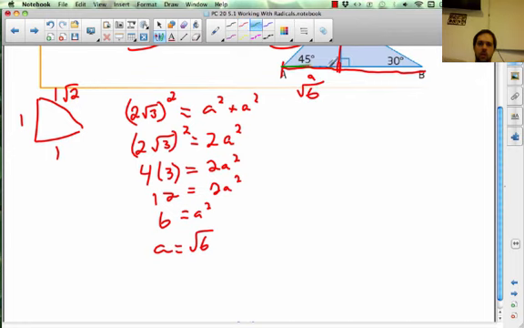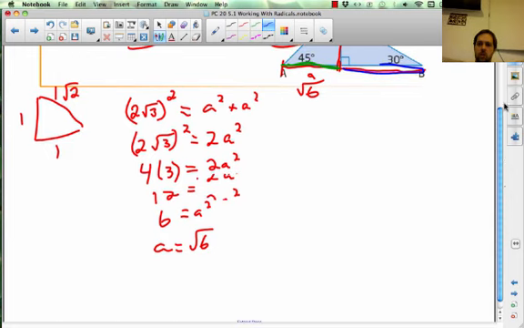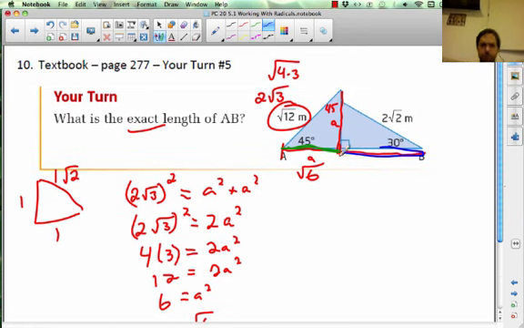Now that's just this length here in green. We still have to find this length here in blue with our 30, 60, 90 triangle. But again, we can use Pythagorean theorem. Well, this one's going to be a little trickier. Our 30, 60, 90 triangle usually goes like this, 1 and 2, and then this one is root 3.